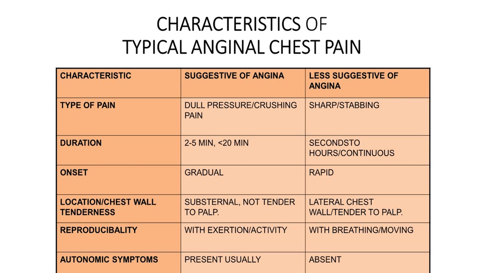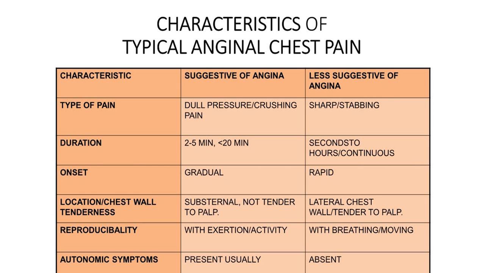Duration in angina is 5 to 10 minutes, while here it ranges from a short period to a very long period, with continuous pain. Onset is on exertion in the case of angina, while in non-cardiac pain, onset can be rapid.